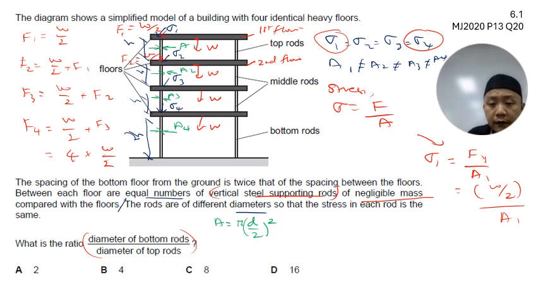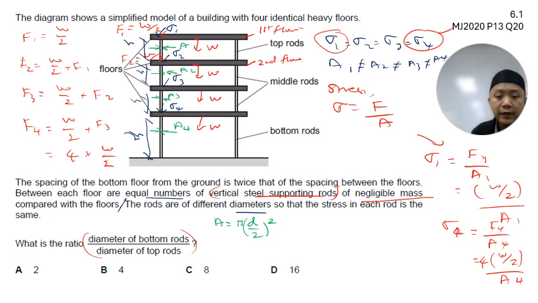Then take stress 4. Stress 4 will be equivalent to F4 over A4, in this case 4 times W over 2 divided by A4. What we want is the ratio between the diameter of the bottom rod, D4, against the diameter of the top rod, D1.